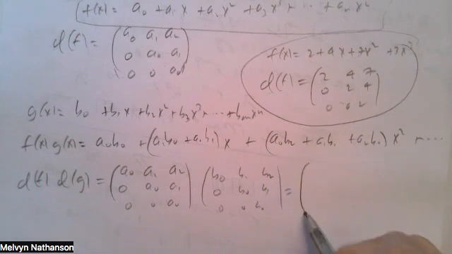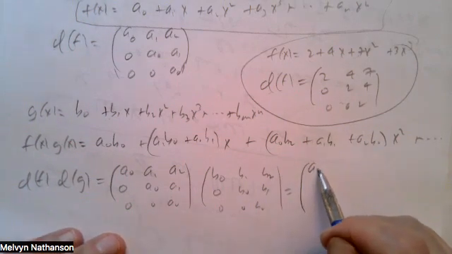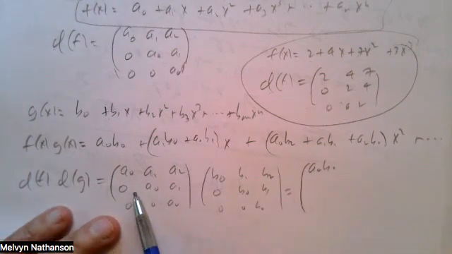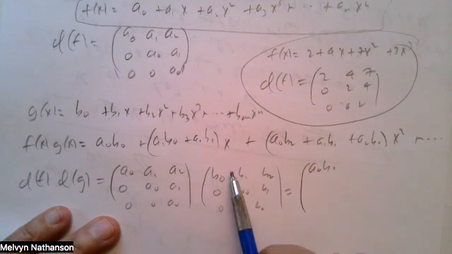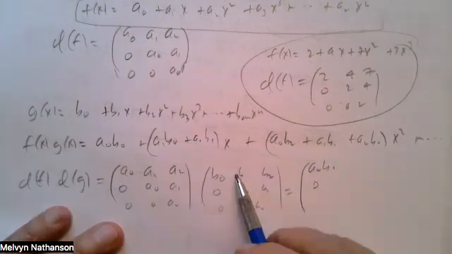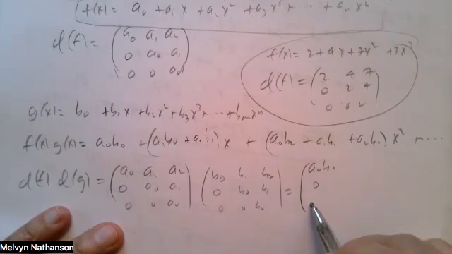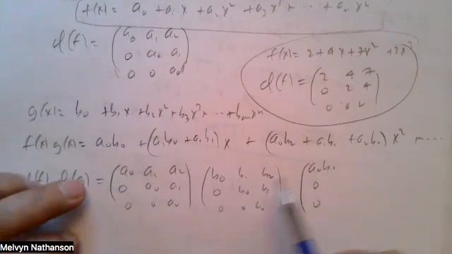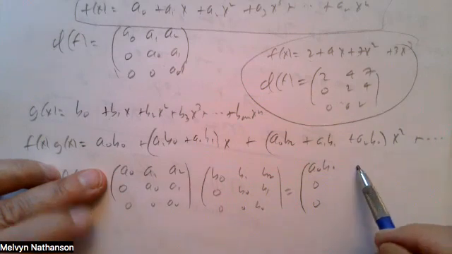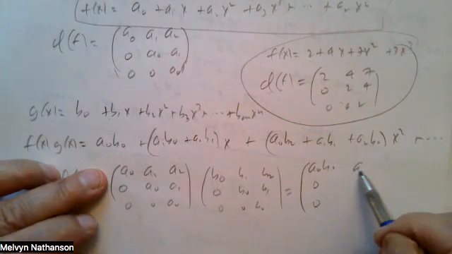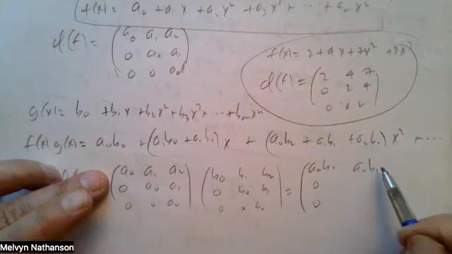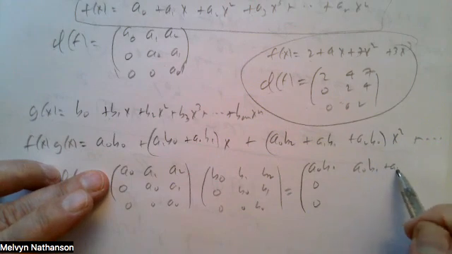Let me try to multiply these out. I get A0, B0. Let's see, what's the first column? Second row, first column, I get 0. Second row, third column, I get 0. First row, second column, I get A0, B1 plus A1, B0.